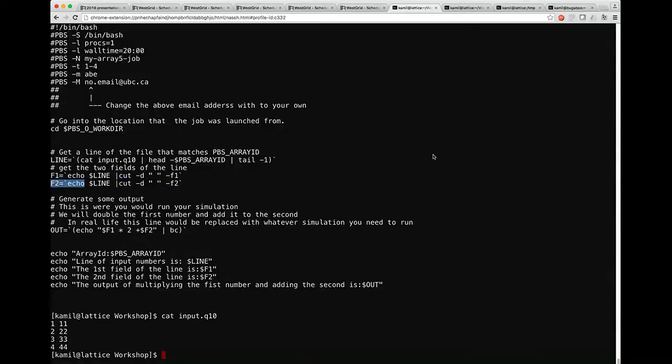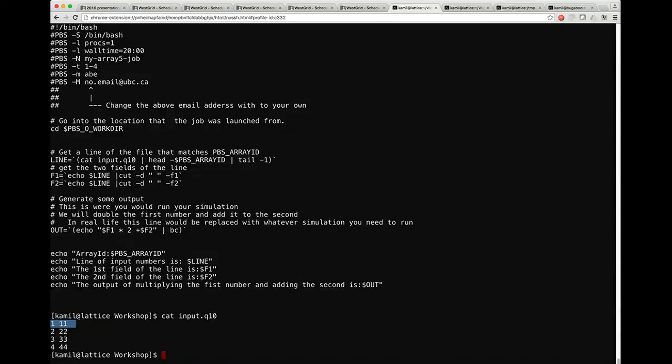So this is how you would get the correct line and the correct field that corresponds to the array ID of the job. So when we run this job, each of these tasks will get their own line of input.